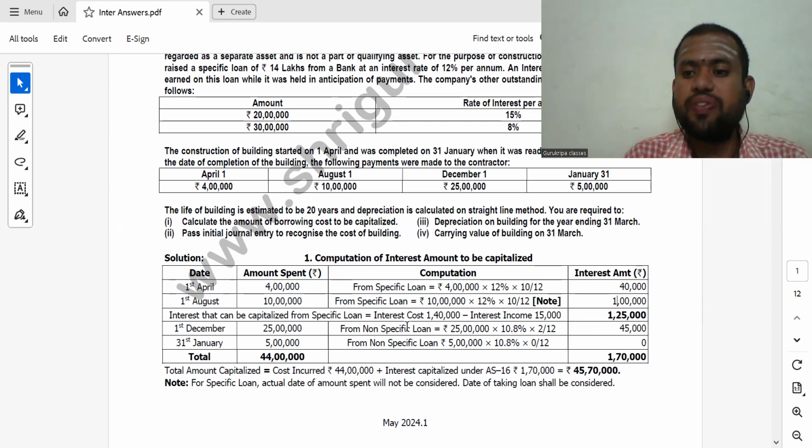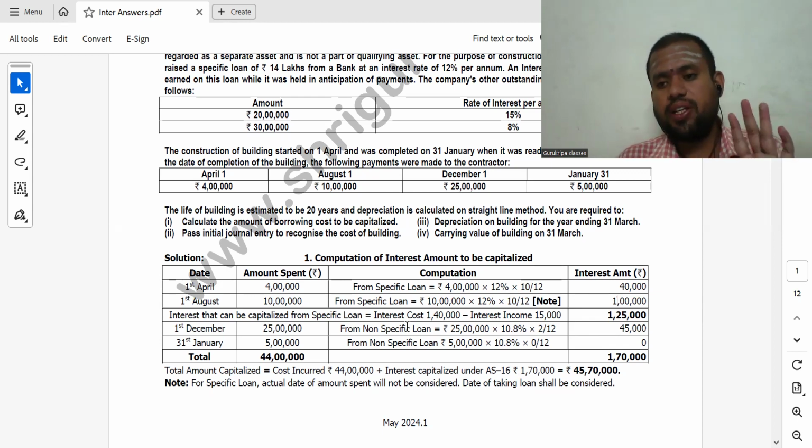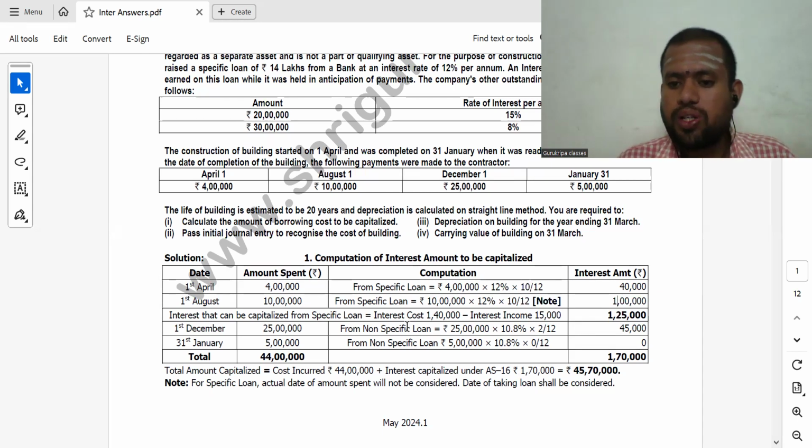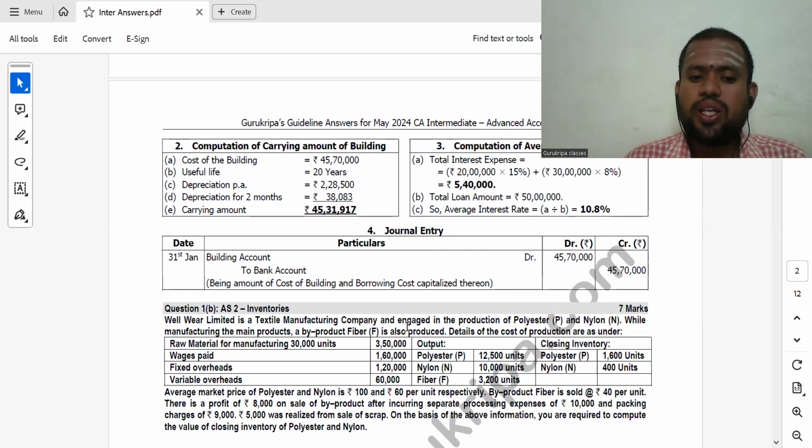That should be applied with the timing factor for the other two expenses. And depreciation should be provided from 31st January. So February, March, 2-month depreciation should be provided. That also is computed.